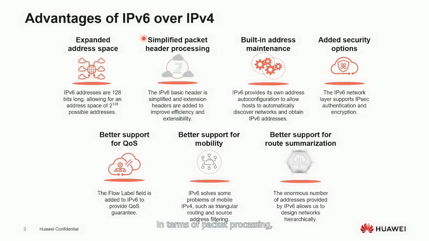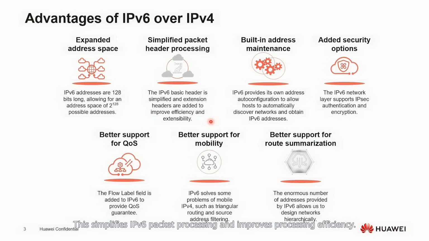In terms of packet processing, the IPv6 packet format is designed to simplify the basic header. In most cases, a device only needs to process the basic header to forward IP traffic. Unlike the IPv4 header, the IPv6 header does not carry the fields related to fragmentation, checksum, and options, but it carries the flow label field.